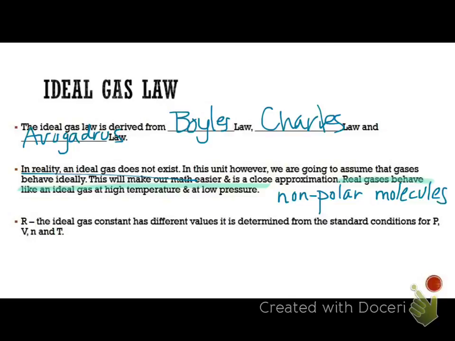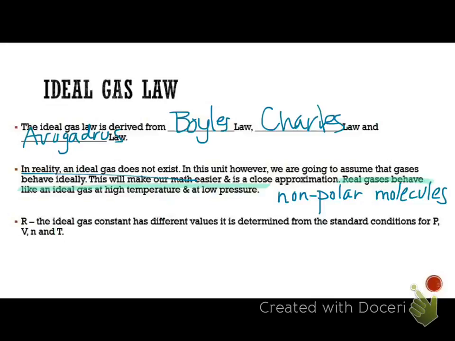Okay. So why do you think that real gases behave more like an ideal gas at these conditions of high temperature and low pressure? You got any theories on that? Think about it in terms of the particles and their relationship to each other.